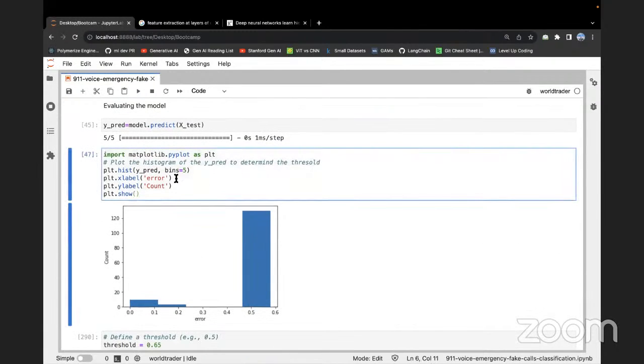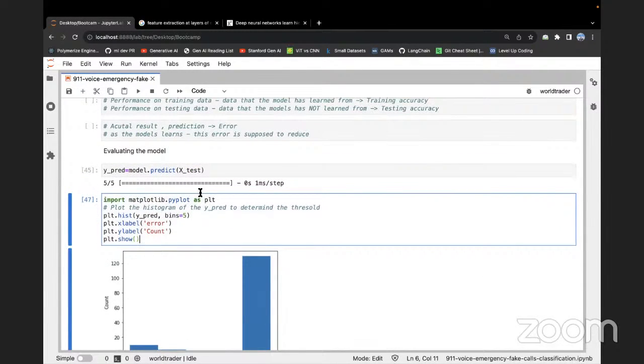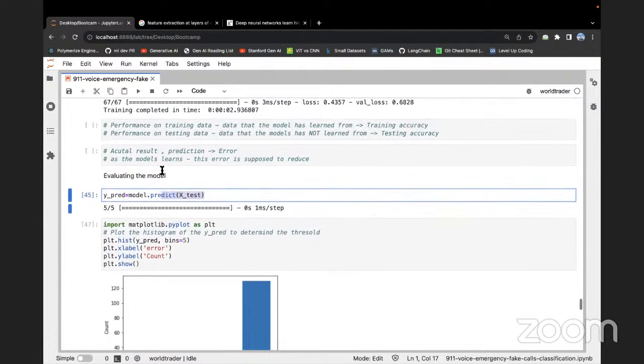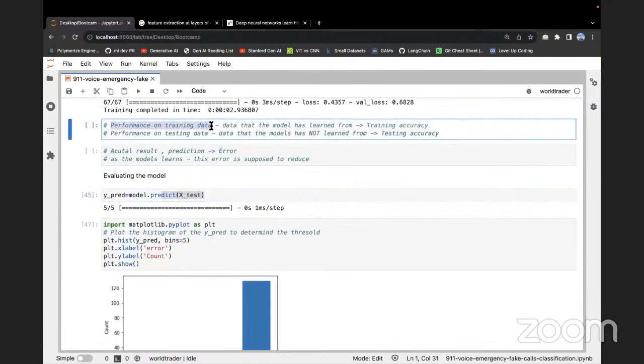And finally, once my model is created, I will predict using my model on my test data. Now remember, test data is data that the model has never seen before. I will never want to check the performance of my model on the data that it has learned from. If I give you 10 problems to solve in the class, I show you solutions, I tell you how the solutions are derived, I give you the answers, and I give you the same 10 questions in the exam, obviously you will score well.